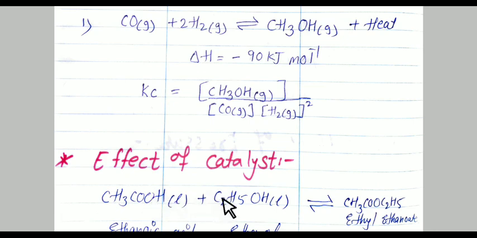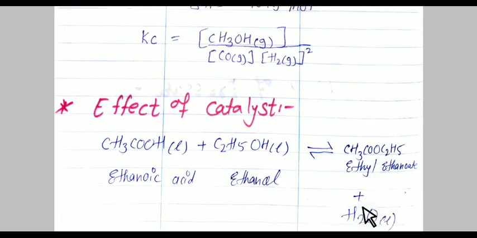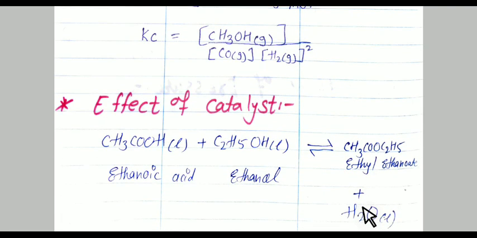Acetic acid reacts with ethanol to give ethyl ethanoate and water. Acetic acid is also known as ethanoic acid. In this reaction, if it is carried out without catalyst, it takes many days to reach equilibrium.